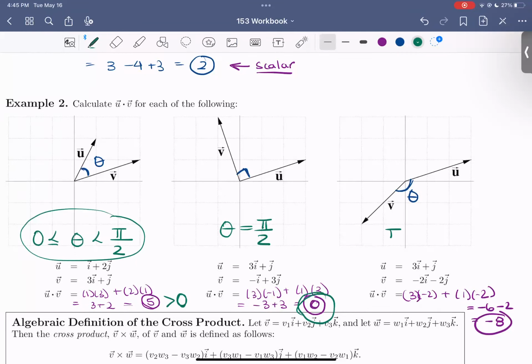And if our angle is between 90 and 180 degrees, or pi over 2 and pi, then the dot product is going to be less than 0. So we have this super cool correspondence between the value of the dot product and something about the angle. And that something is telling us if our angle is acute, obtuse, or right, depending on the dot product, and vice versa. Very cool.